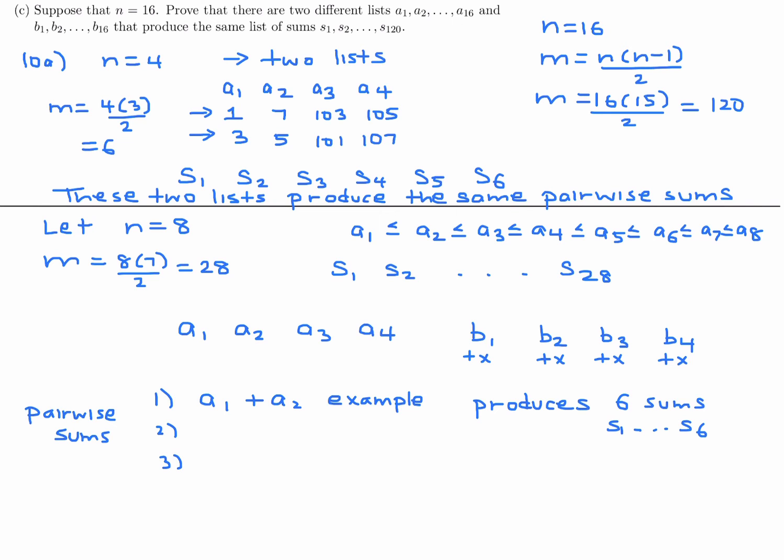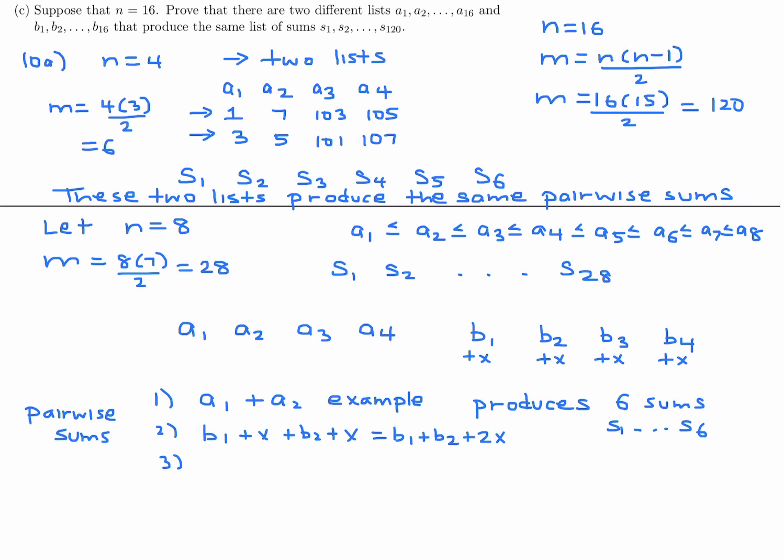The next type of pairwise sum would be if we combine something from here with something from here. So, for example, B1 plus X plus B2 plus X. Something like that. That's just an example. And that becomes B1 plus B2 plus 2X, right?